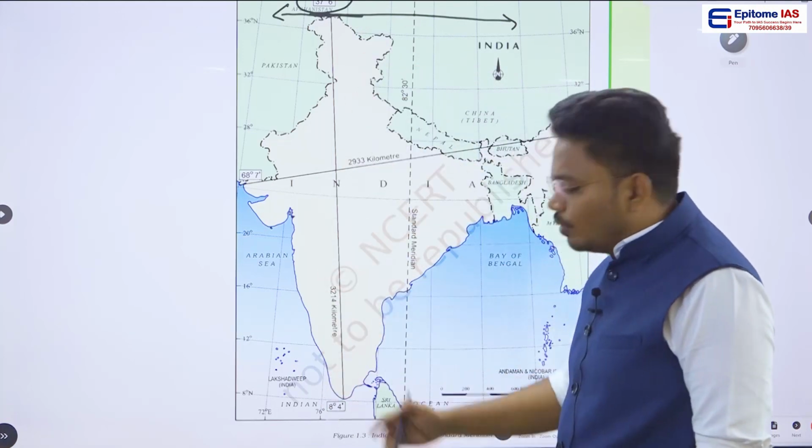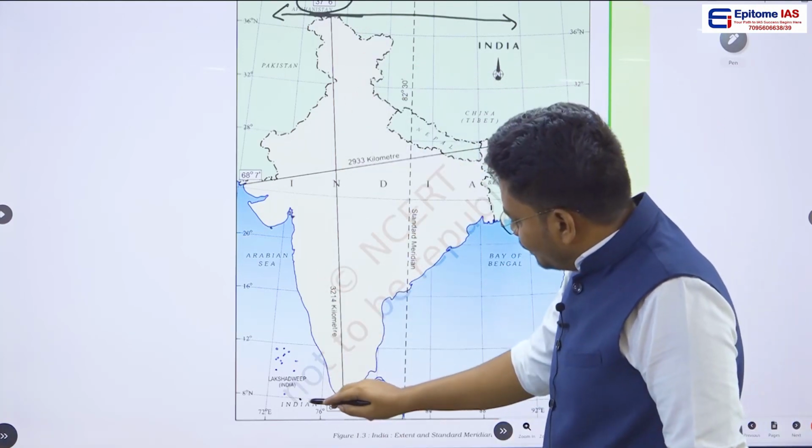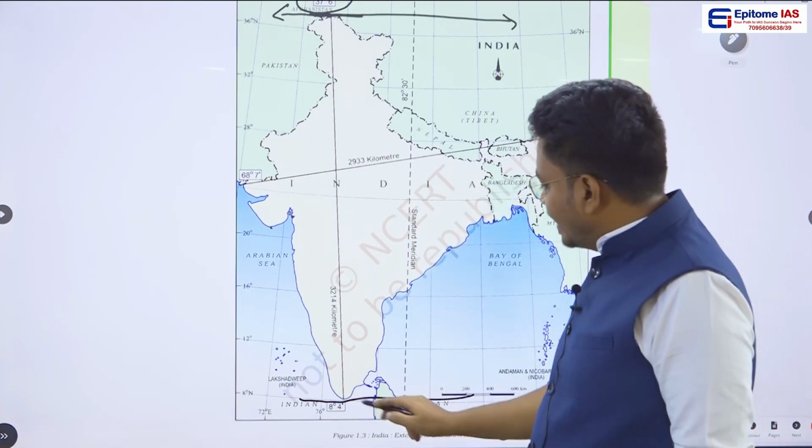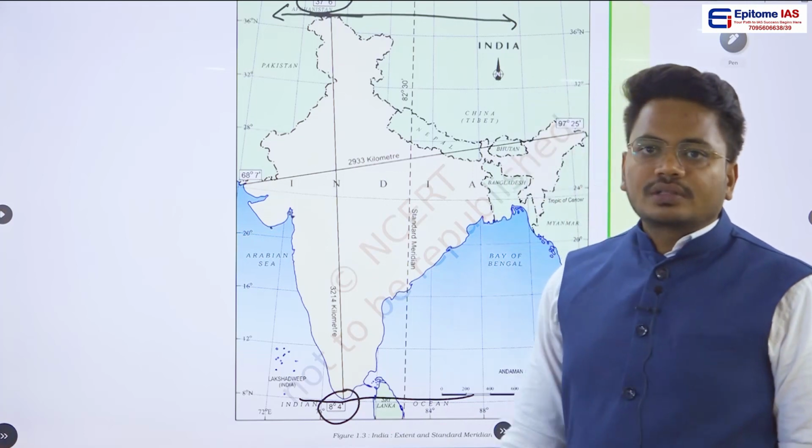And the southernmost latitude passing through the southernmost point of mainland India is 8 degrees 4 minutes north latitude.